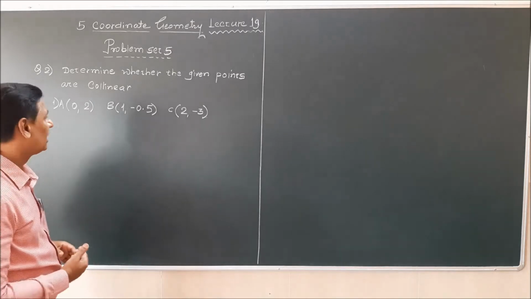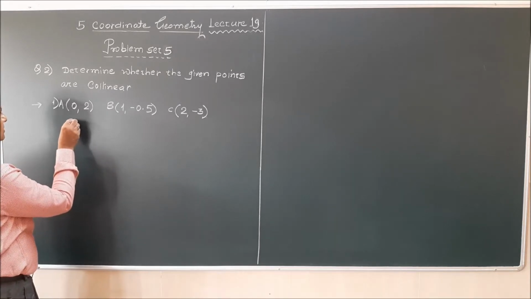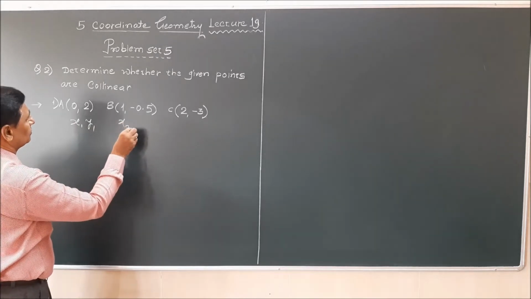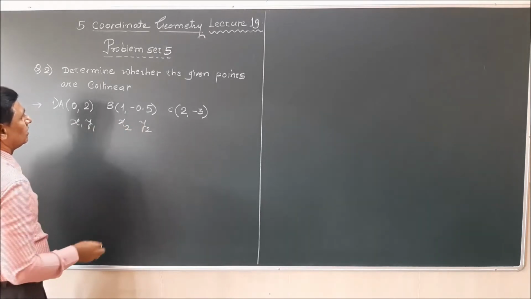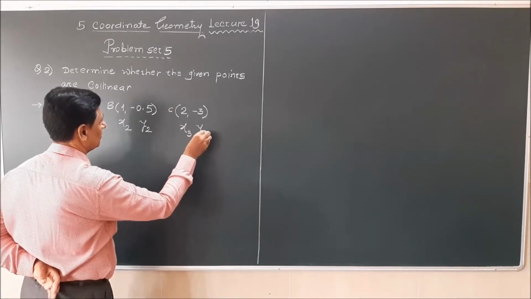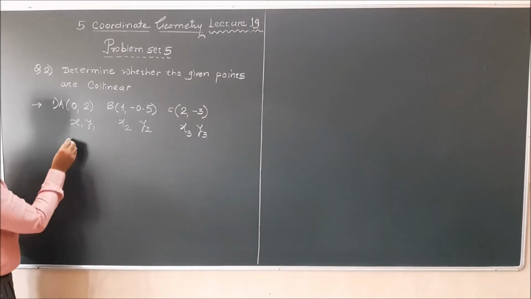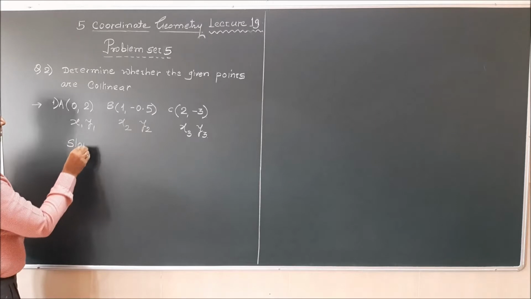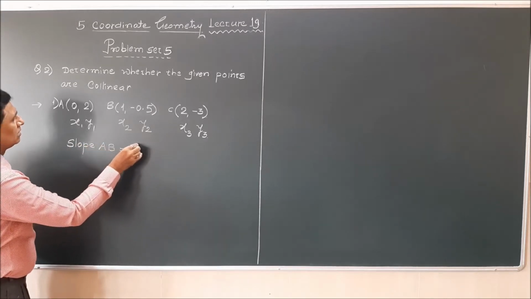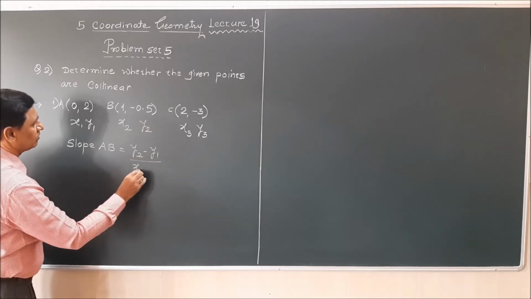Now let's see here. I am going to find out slope of AB. So labeling this A as x1, y1, B as x2, y2, and here we will find C as x3, y3. Then slope of AB is equal to y2 minus y1 upon x2 minus x1.